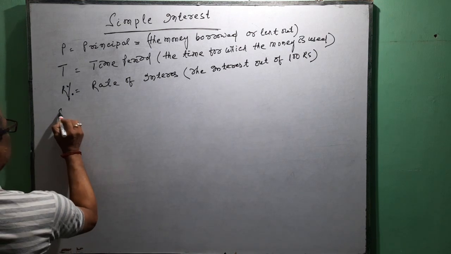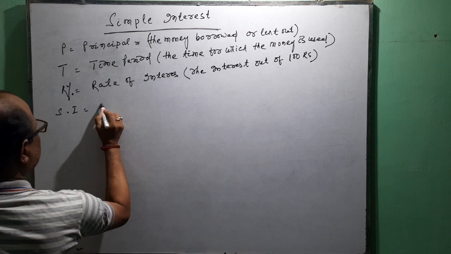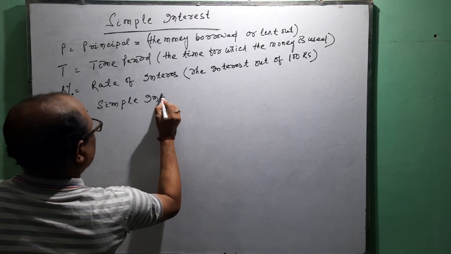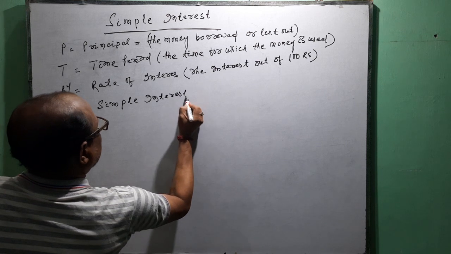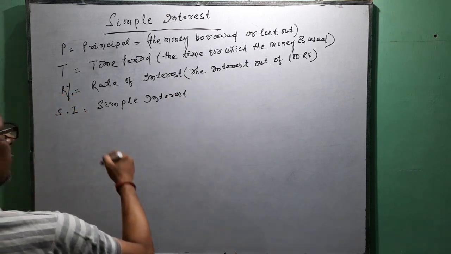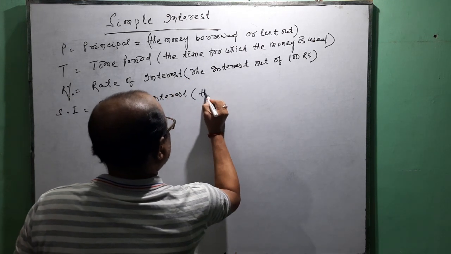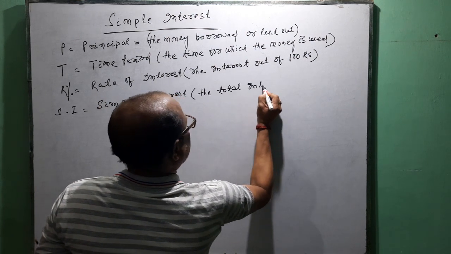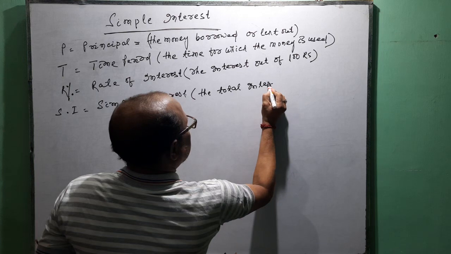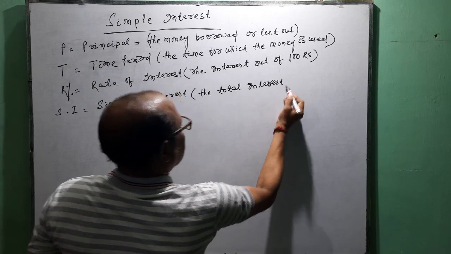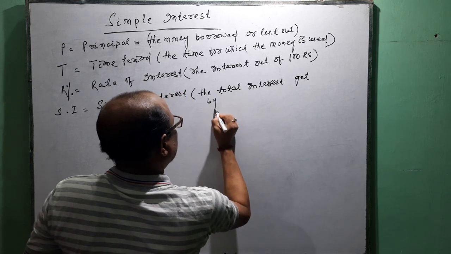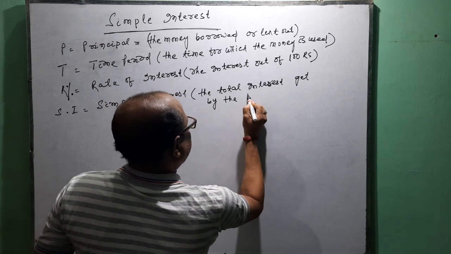Next, SI, simple interest. So what is simple interest? It is the total interest got by the creditor.